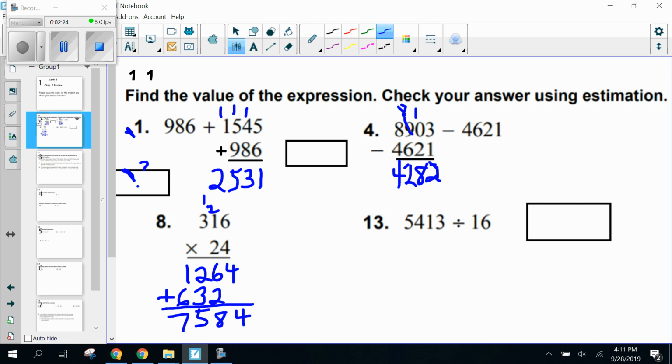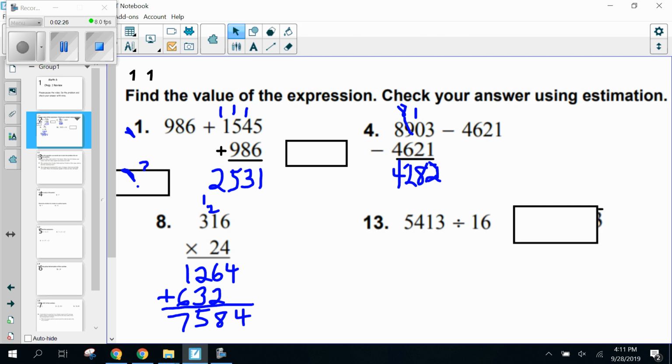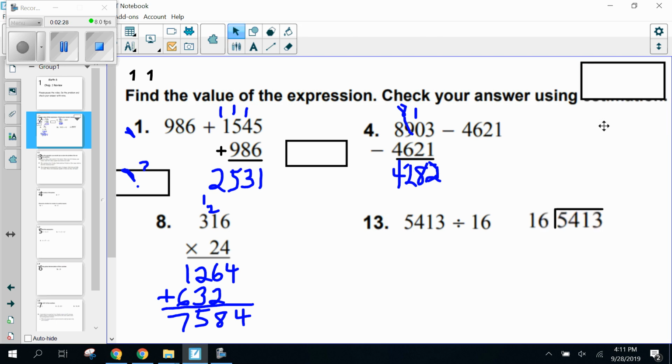Our last one is division. We have to do long division here. So this is how we set it up. And the first thing we're going to do is try to divide 5 by 16, which isn't possible. So we have to move on to the next place, which is now going to be 54 divided by 16, which goes in 3 times. 3 times 16 is 48.